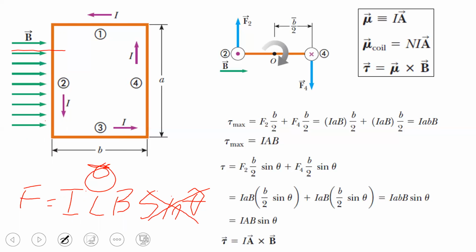L here is the length of line 2, and that is A. So we can replace L here with A, and we'll be having IAB, which we have here as IAB and IAB. So when you add them together, you get IA small b, big B.